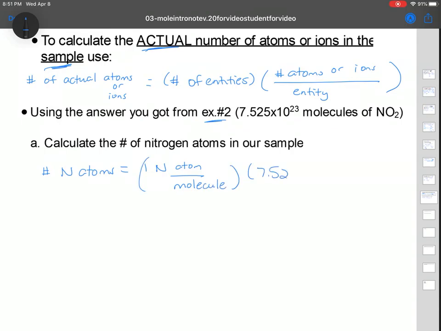And I have 7.525 times 10 to the power 23 molecules. I realize this is the same number, but let's just show the work. Okay, the molecules cancel out, and you're left with the same answer.